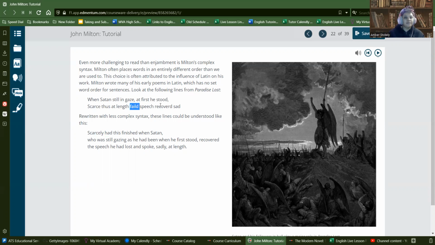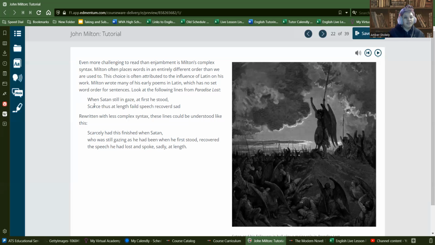So failed speech means he's not talking. He lost his ability to speak. So it says "at length, failed speech recovered sad." Failed speech recovered means that he had lost his speech, and thus "at length" means that he's going on at length. So he had lost his speech and wasn't sure what to say, but when he went on, he spoke sadly.